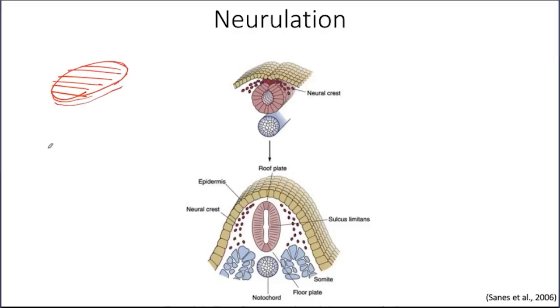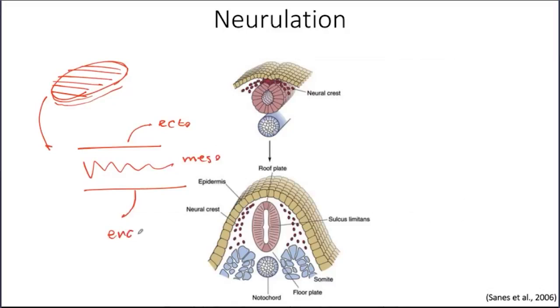If I make a cut, we have three layers: one outer layer, one middle layer, and one inside layer. We call these ecto, meso, and endo, so we call them ectoderm, mesoderm, and endoderm.